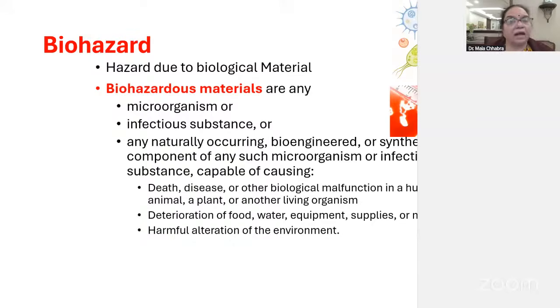Any natural occurring, bioengineered or synthetic components of any such microorganism or infectious agent, substances capable of causing death, disease, or any other biological malfunction to humans, animals, plants, or any living organism would be a biohazard. It could be deterioration of food, water, equipment, supplies, or anything, harmful alteration of the environment. All this becomes a biohazard.